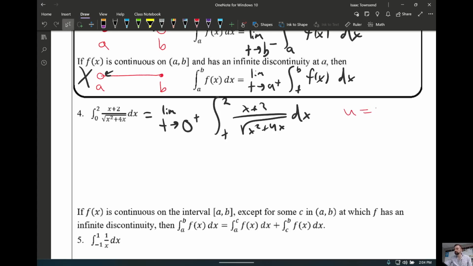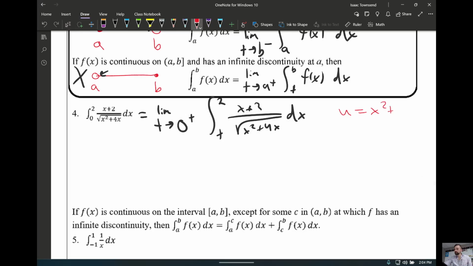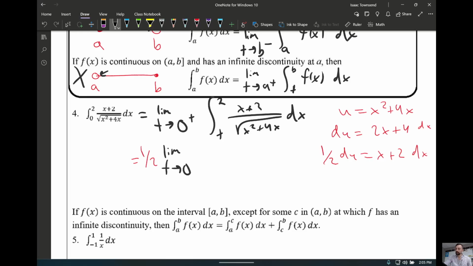Again, some of these you're still going to have to do u substitution. Pick out your u. Solve for du, maybe divide everything in half. You'll get to practice this a few times today, so that's why I'm just going through it quickly. But there's going to be a half. Then when I integrate this, this is like u to the negative 1/2 du.